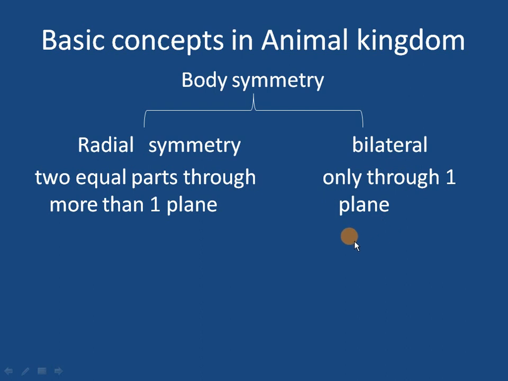We are discussing in this slide the terms related to body symmetry of the organism. First term is radial symmetry, second is bilateral symmetry. In radial symmetry you get two equal halves through more than one plane, while in bilateral symmetry, you will get such two equal parts only through one plane.